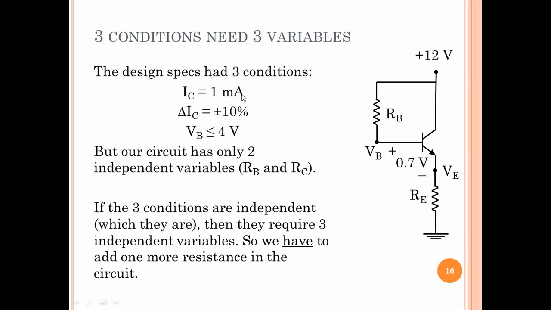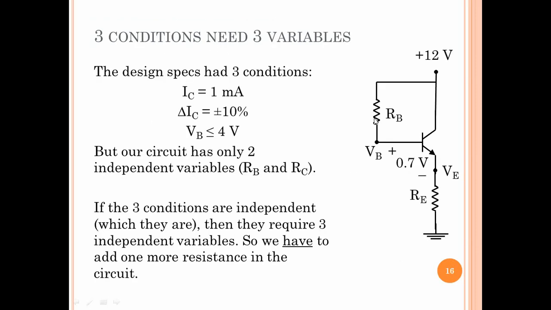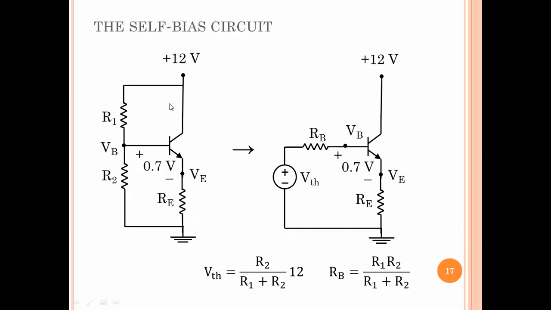So what is that circuit? We're getting closer and closer to the circuit that we have seen before. So here is the circuit, the self-bias circuit. Instead of RB, only a resistor from VCC to the base, we have one resistor here and another from base to ground.